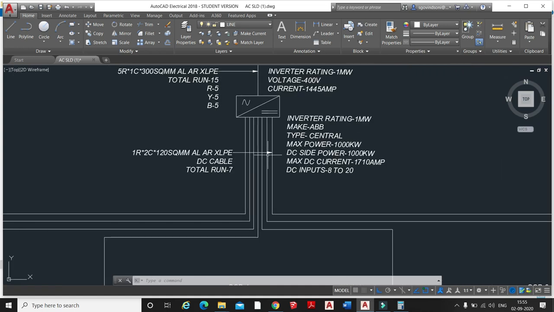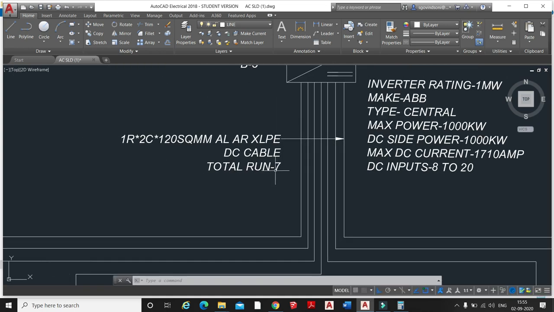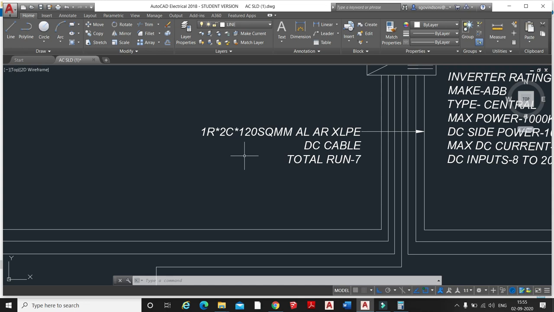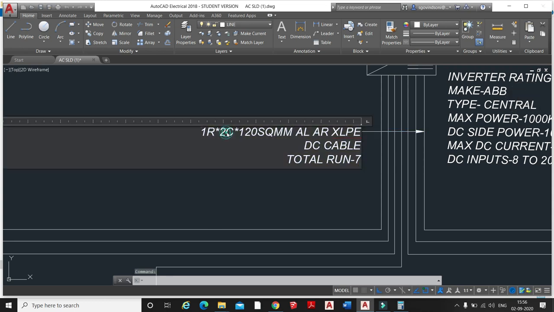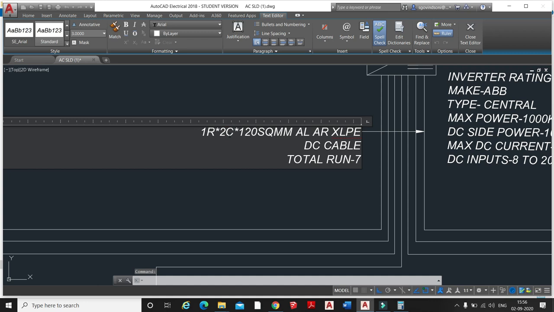And what is the size? There are two types of DC cable. One is we can choose two core, or we can choose single core. Let's suppose we design the DC cable for single core, one for positive and one for negative, then we can use two runs. Then the total number of runs is 14.